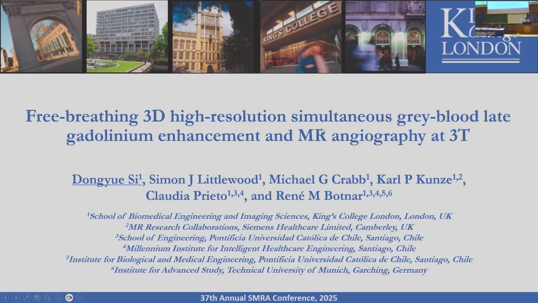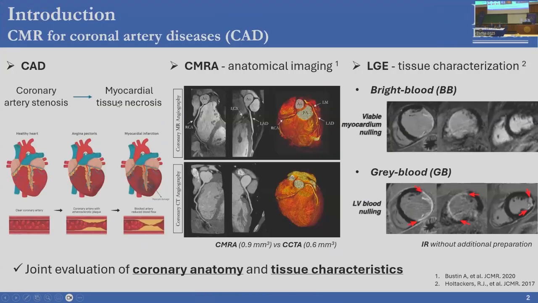Thanks for the introduction. So coronary artery disease is one of the major causes of death over the world, and it usually begins with the coronary artery stenosis and can lead to multiple different cardio diseases. CMR can allow the joint evaluation of coronary anatomy and tissue characteristics with multi-contrast images.